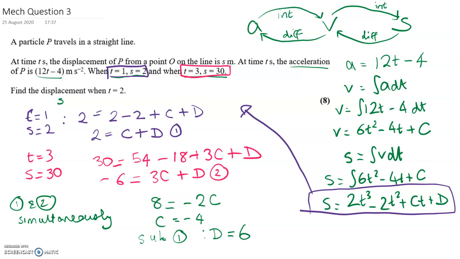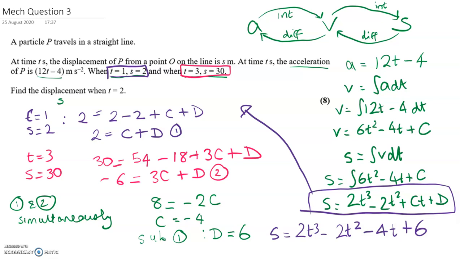Okay, so what I can do now is rewrite my s equation with my c and d in it. So I have s equals 2t cubed minus 2t squared minus 4t plus 6.